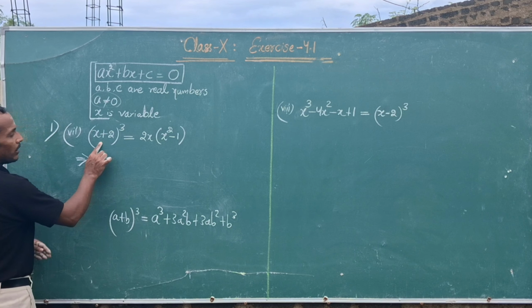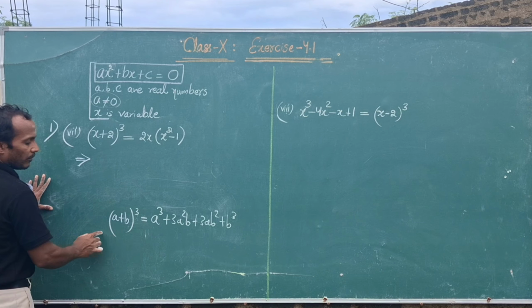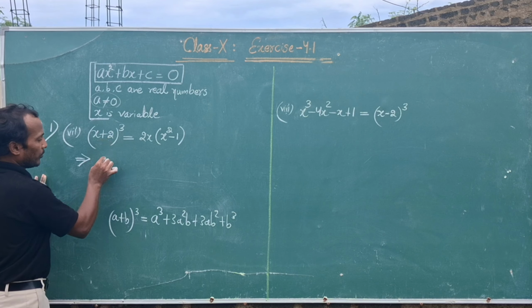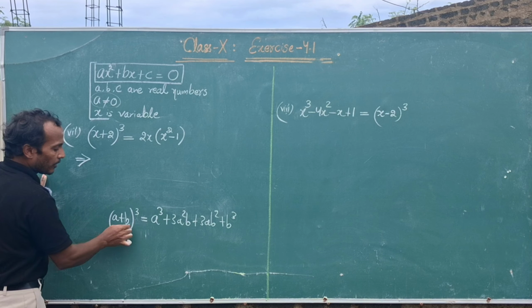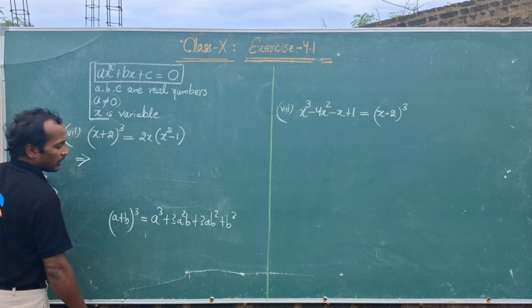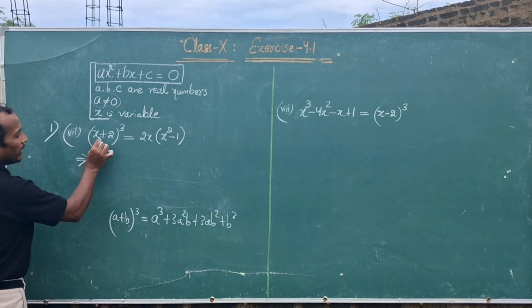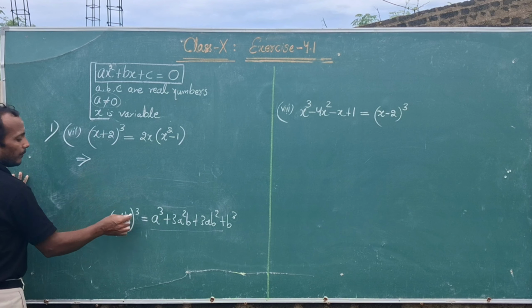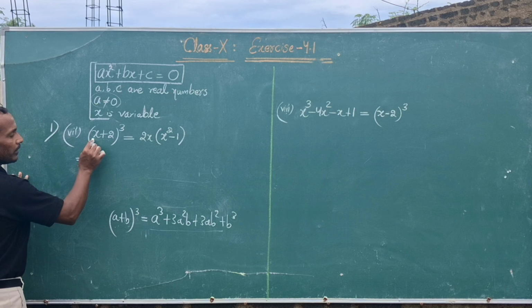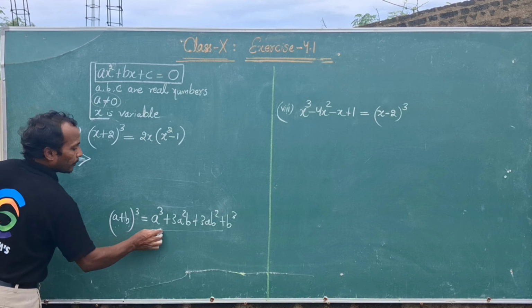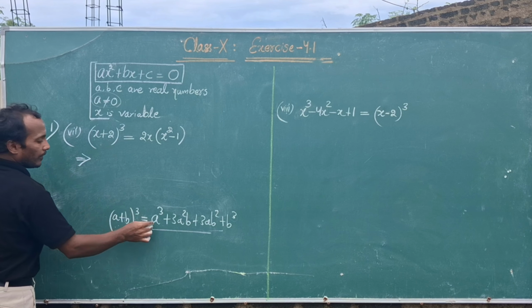So this particular part, x plus 2 whole cube, matches the left hand side of our identity. We will try to expand it. Who is playing the role of a? A is x here. In place of b, we have 2.